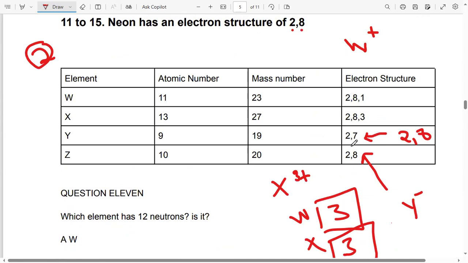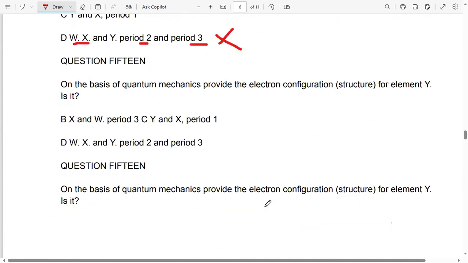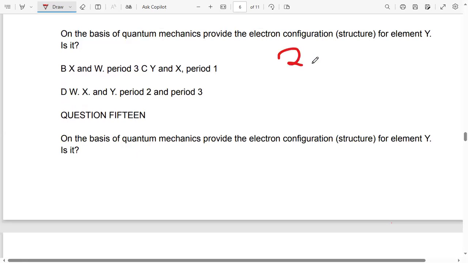Remember, it has 2,7. We can distribute it into orbitals. The first orbital will be the 1s. In the 1s orbital, you're going to have these first two electrons. Then you go to the second energy level, and you always start with the s.